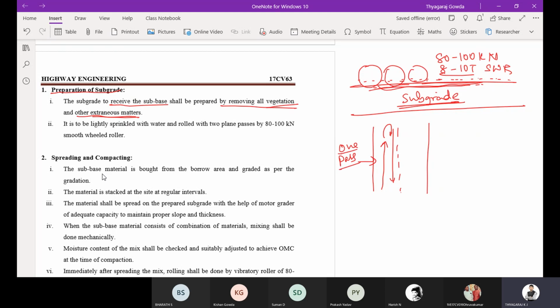For example, the roller moving from A to B and again from B to A, this we call one pass. Is it clear? Pass means this.